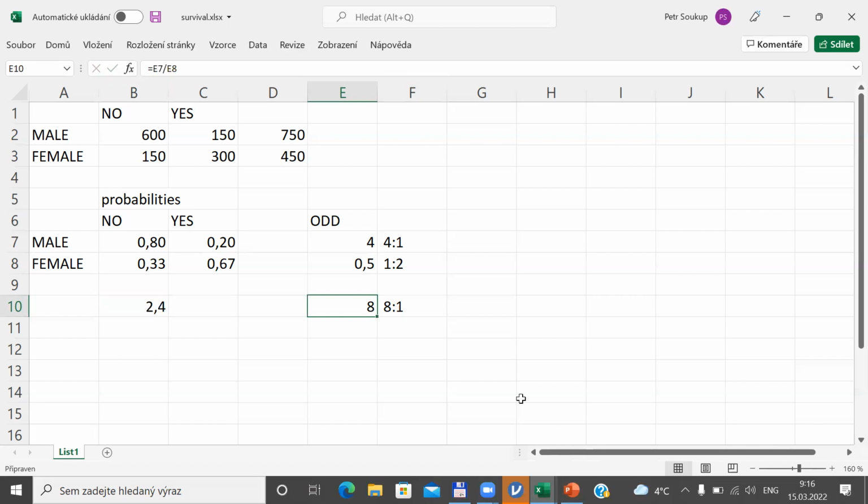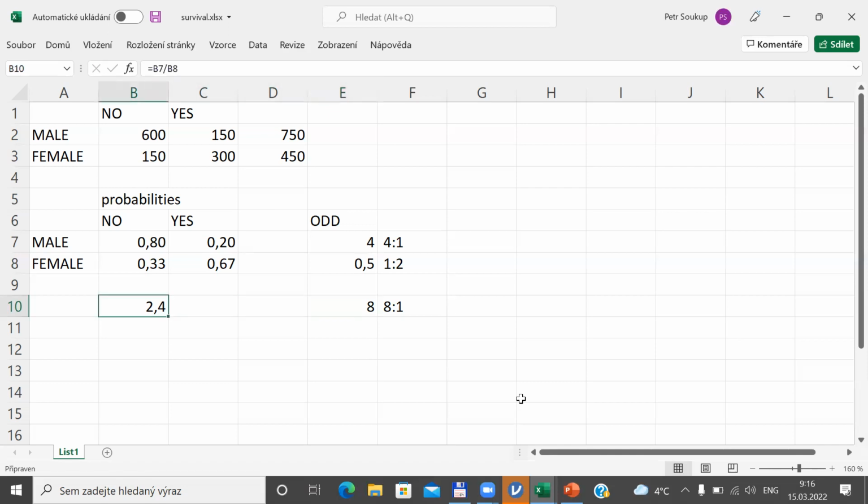That's why an odds ratio of 8 doesn't mean that the probability is 8 times bigger or lower. It means there is some unequal probability for these two groups, but it does not evaluate the level of this inequality for probabilities. Once again, it's the odds ratio.